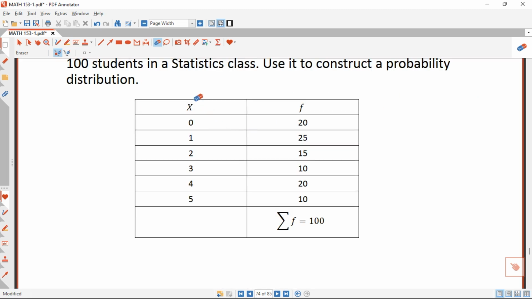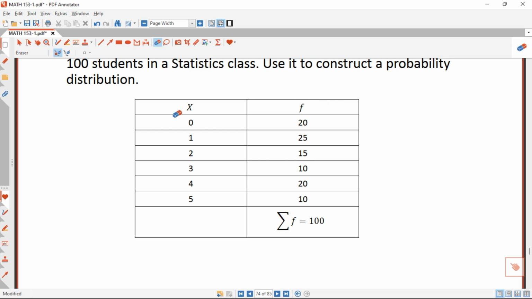Here we have our X, which is a random variable, and then we have the frequencies for the respective values. If you can recall, when we started the introduction to probability, I introduced you to the types and forms of probability, right? Where we have classical probability, empirical probability, and then subjective probability.